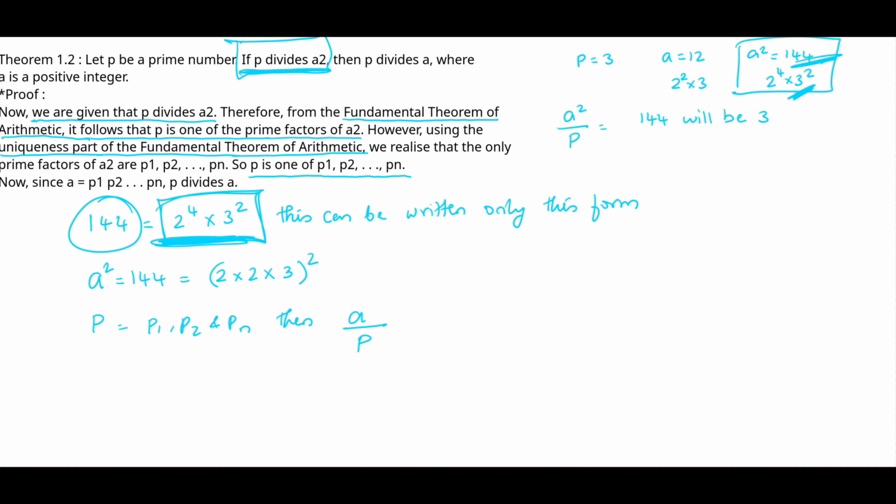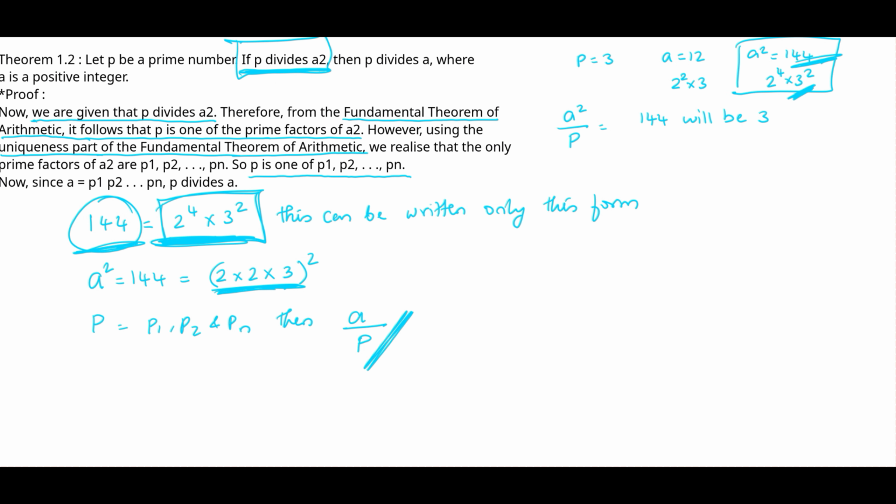If you want to find the prime factors of 144, it will have only this as the answer, 2 power 4 and 3 square. And these are basically the prime factors of a square, which is basically 2 into 2 into 3. That's how we prove that a will also be divisible by p.